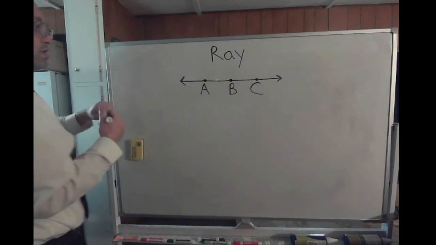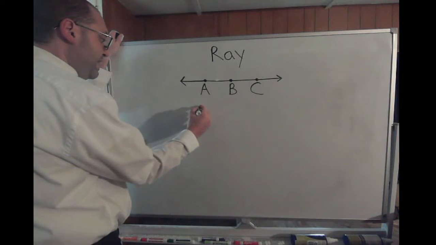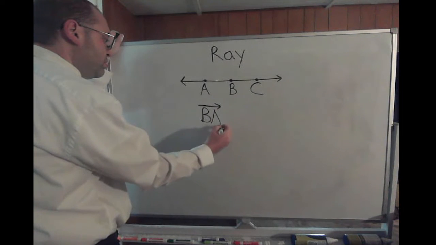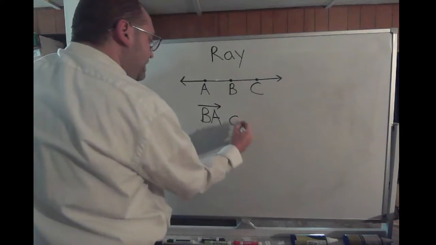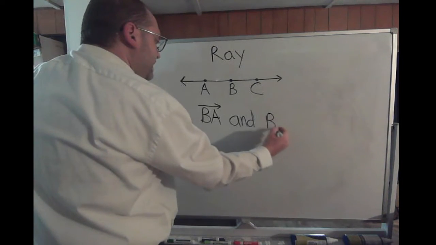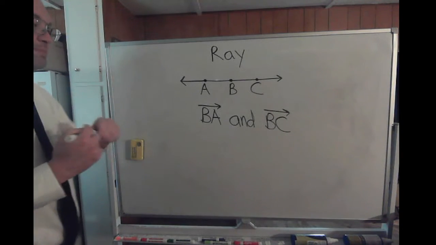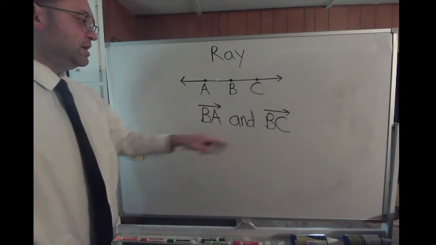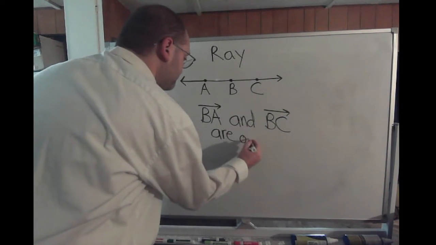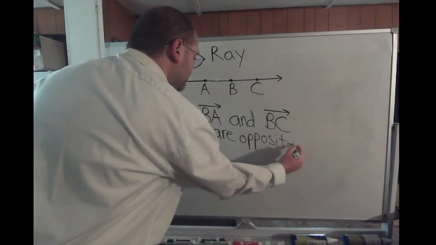What else here? We could also have, okay, let's say we have ray BA and ray BC are opposite rays. These are opposite rays. Why are they opposite rays?